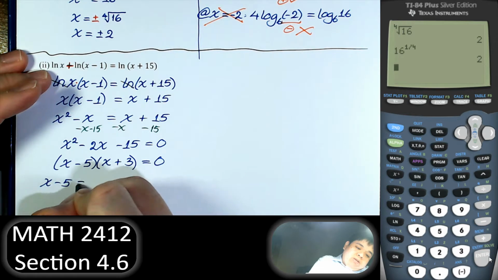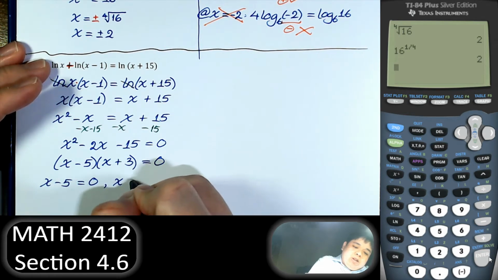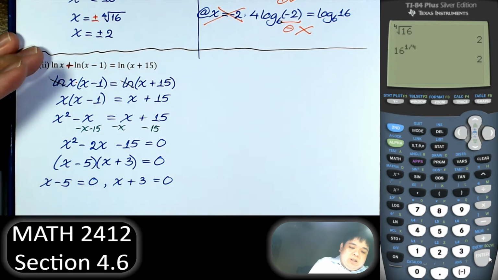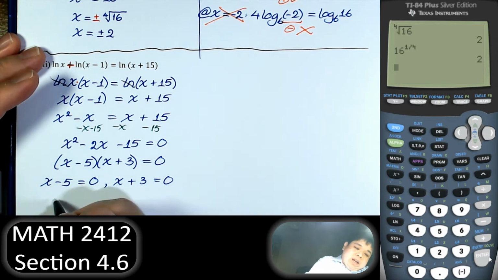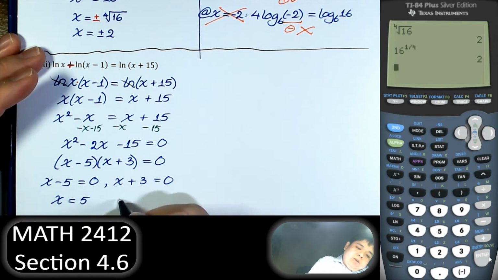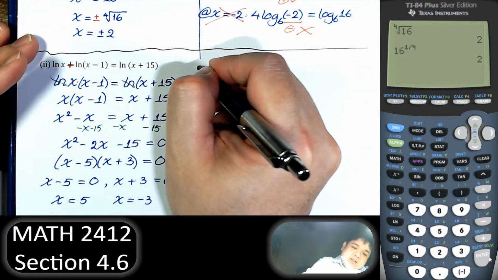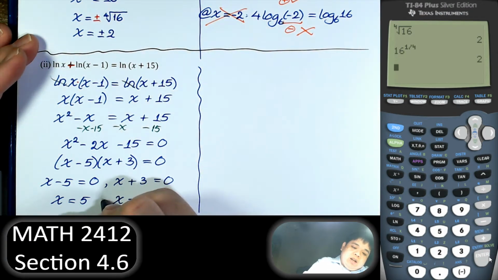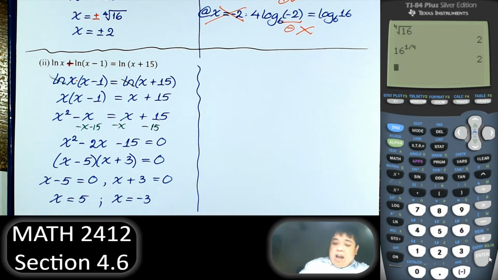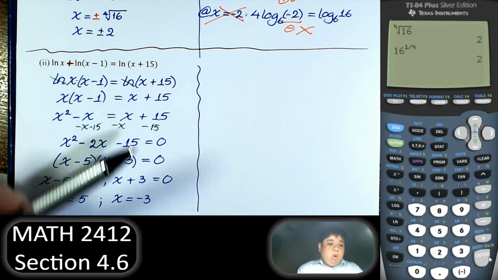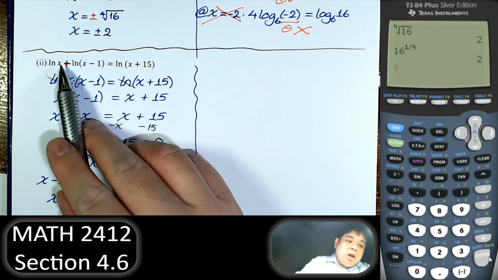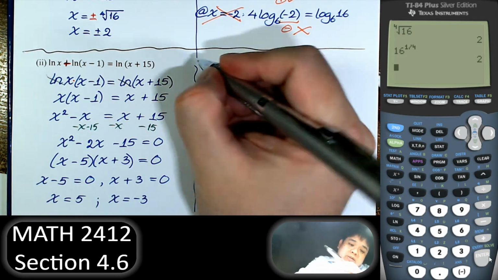So we have x minus 5 equal to 0, or x plus 3 equal to 0. So x equal to 5, or x equal to negative 3. Right? Now just like the last problem, every time we have a logarithmic equation, we need to check the answer, make sure that all the arguments are positive.